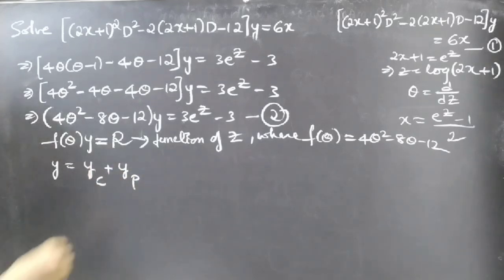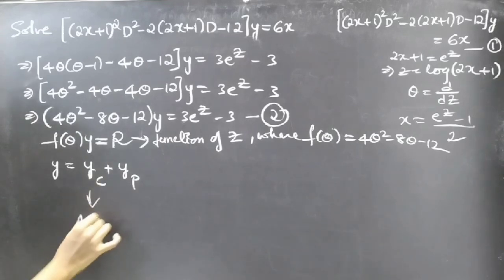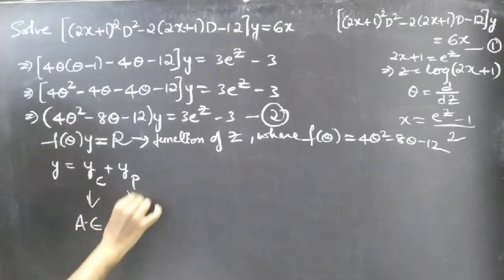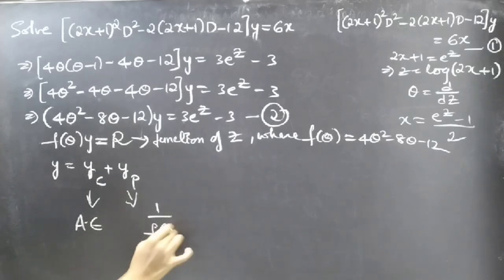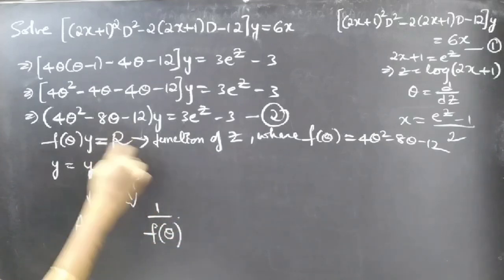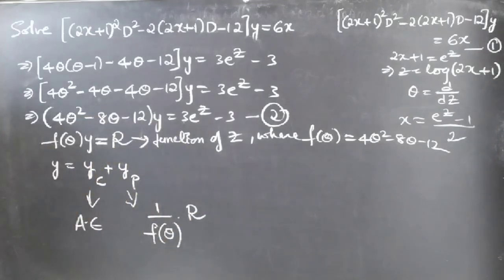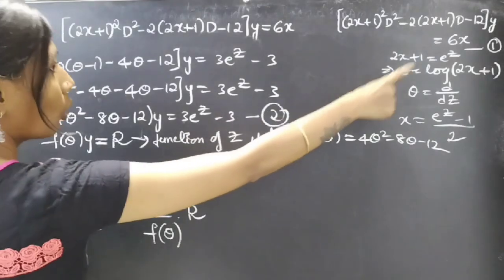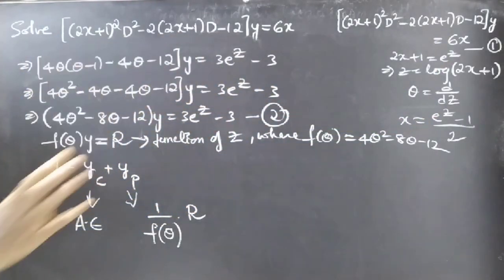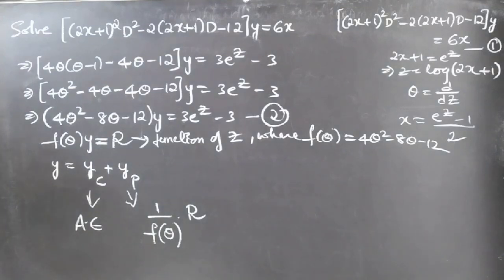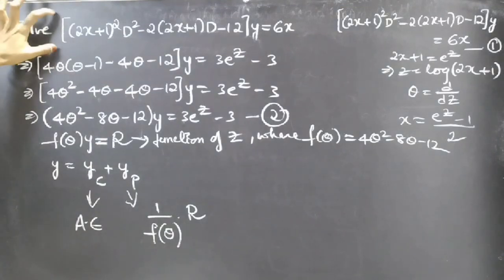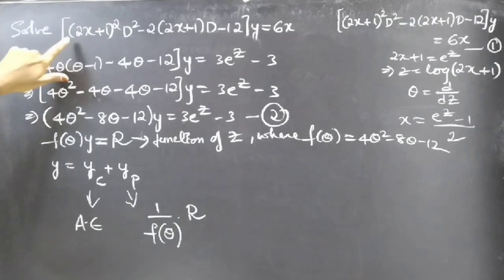We'll find yc using the auxiliary equation, and we'll find yp using 1 by f of theta into the RHS part, which I'll call r. So firstly we'll find the solution to this equation 2, and later we'll replace that z or e power z, whatever comes in z, in terms of x, and then we'll get the general solution to our given equation. Okay, let's go for it.